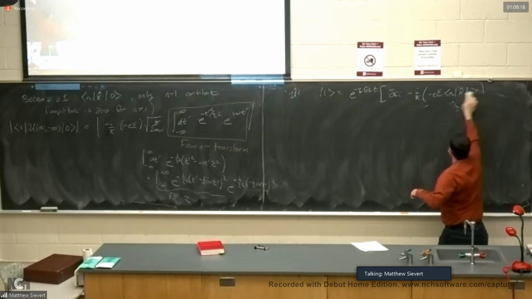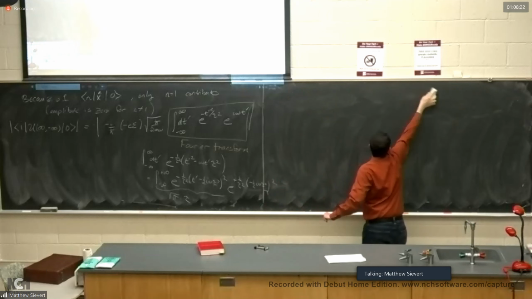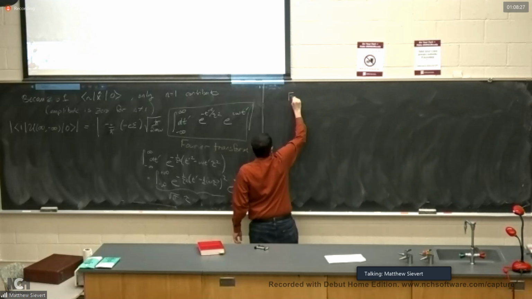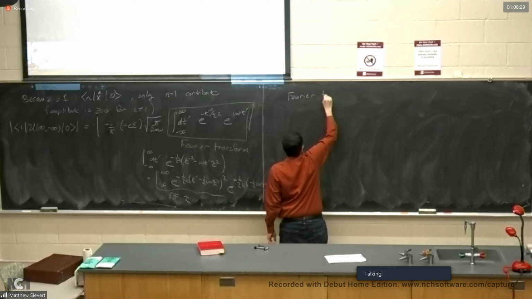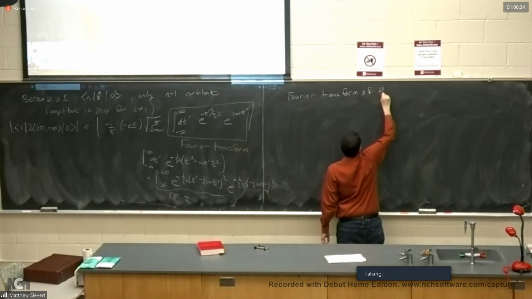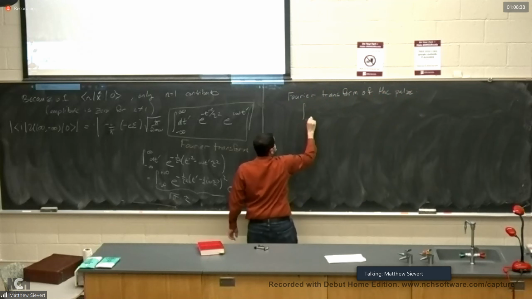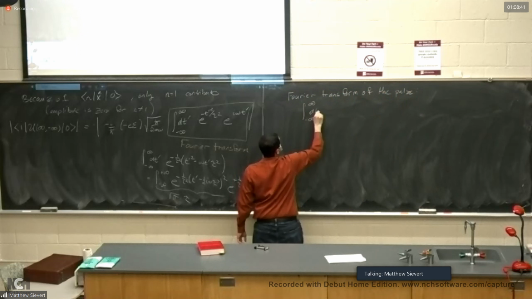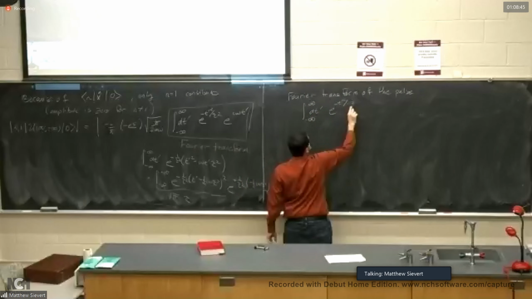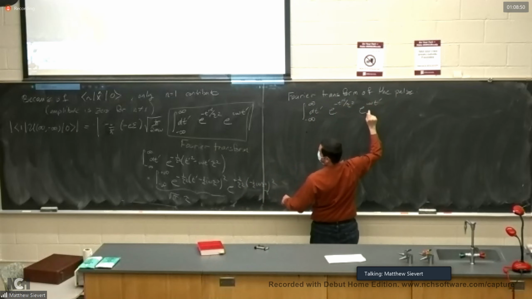So we'll talk about this more in a second. It is no accident that the Fourier transform arises from this time-dependent pulse. So we have integral minus infinity to plus infinity, dt prime e to the minus t prime squared over tau squared, e to the i omega t prime.